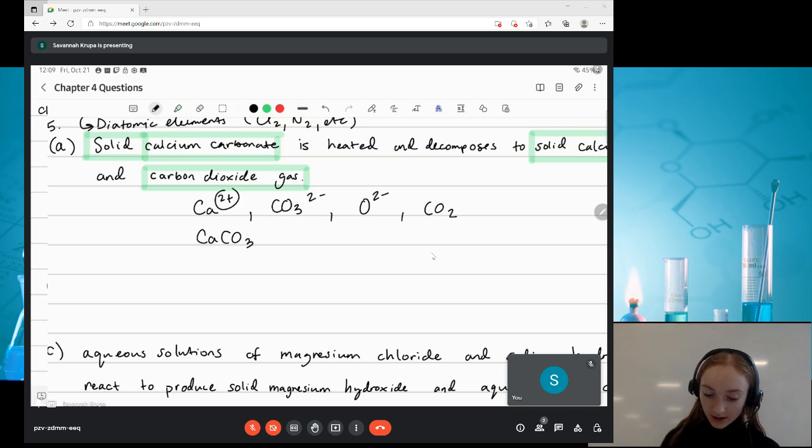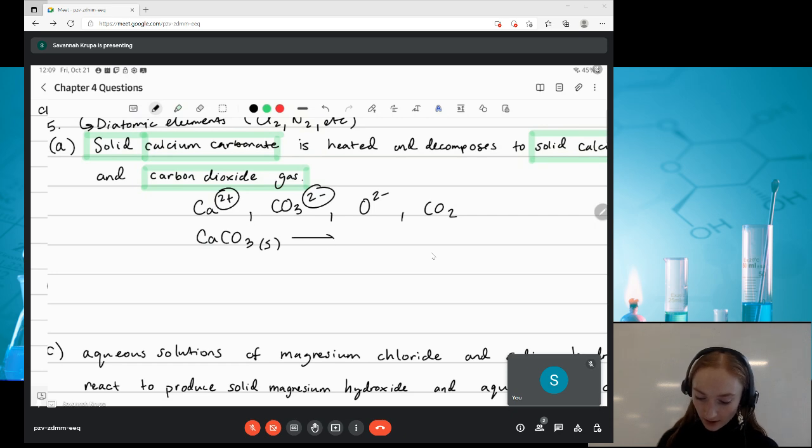Since the calcium has 2+ and the carbonate has a 2-, putting these together, that is a 0 charge, that's neutral, so we don't have to put any coefficients for the atom or the polyatomic ion carbonate. So that's already balanced, and it's a solid state, and then it decomposes, so that's an indicator that it's going to be on the right side of the reaction.